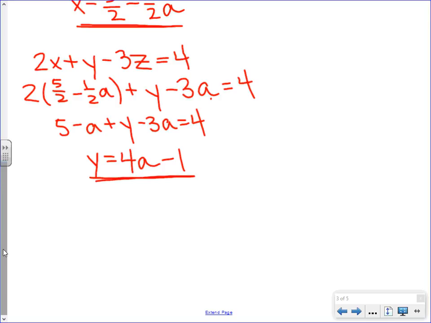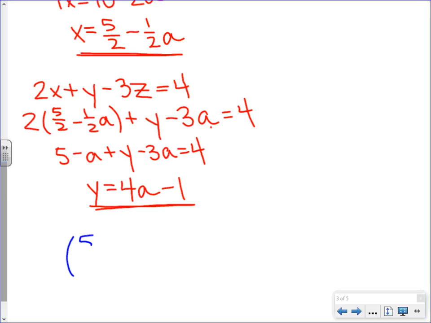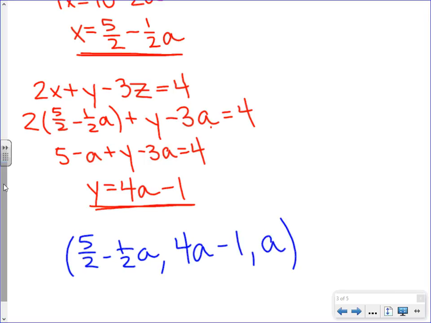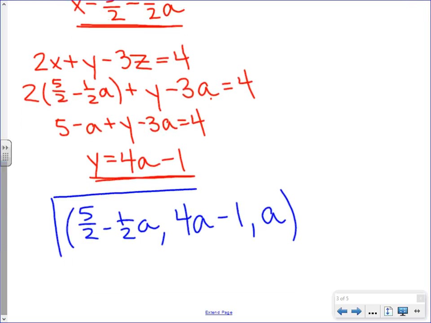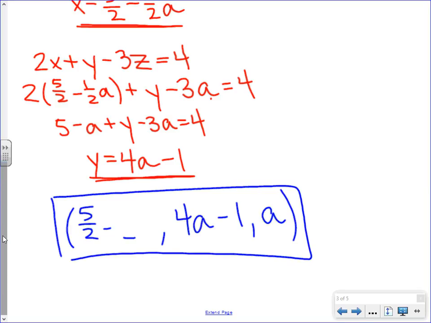So while we do have infinite solutions, we can describe them as 5/2 minus 1/2a, 4a minus 1, a. We can plug any number in for a, and it'll give us a point on that line where these three planes are intersecting.